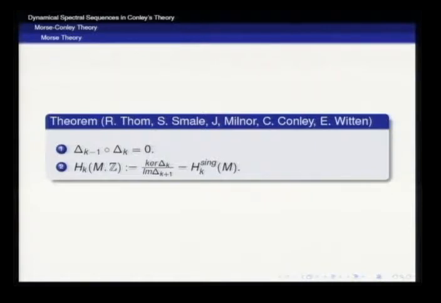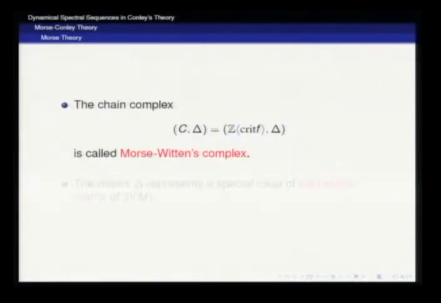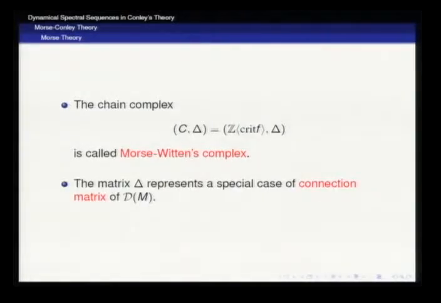So this is the theorem that guarantees that this Morse homology over Z is actually just the singular homology. Okay, so this chain complex, C delta, with that matrix, where the chains are generated with all the critical points, and this operator, this matrix delta, which I just showed you, is called the Morse-Witten complex in this case, and the matrix delta represents this special case of a connection matrix.